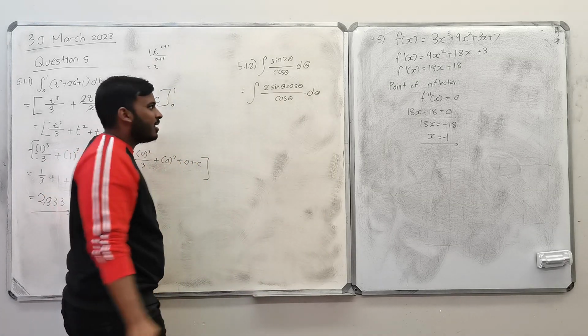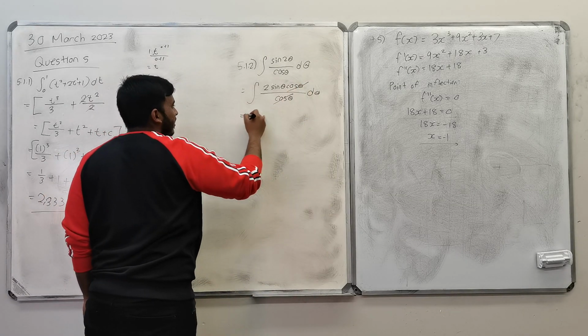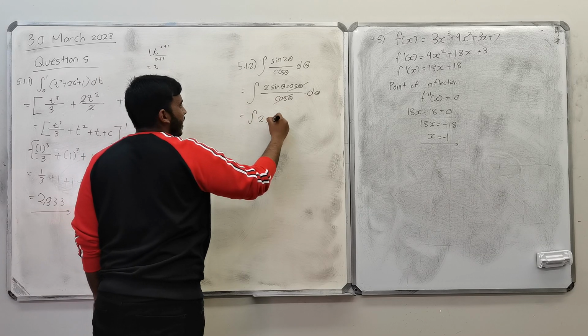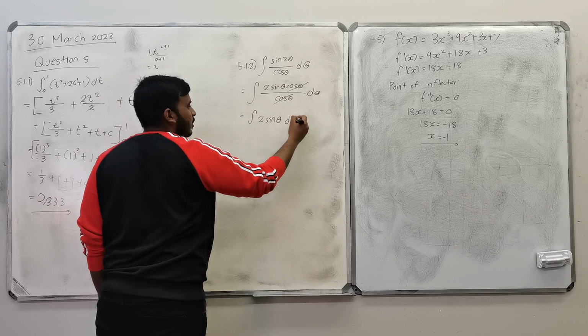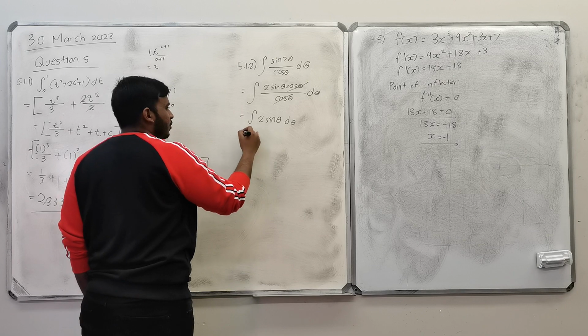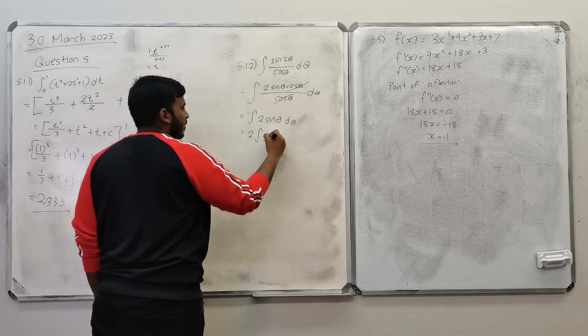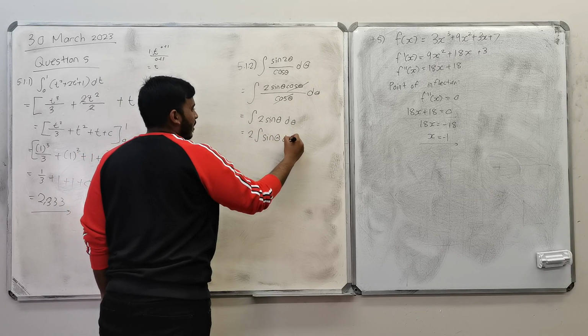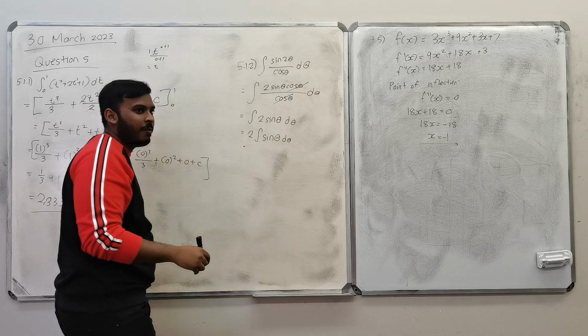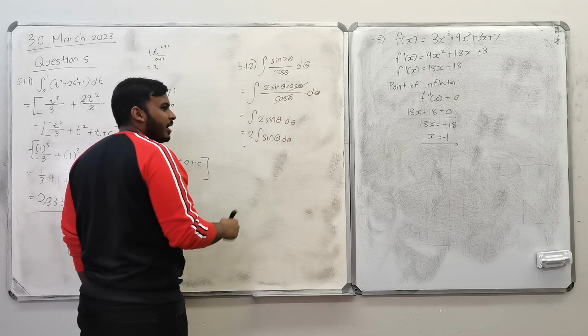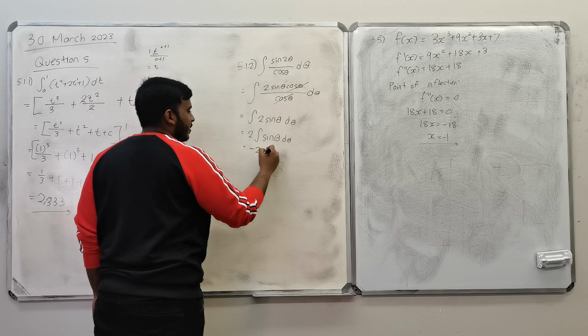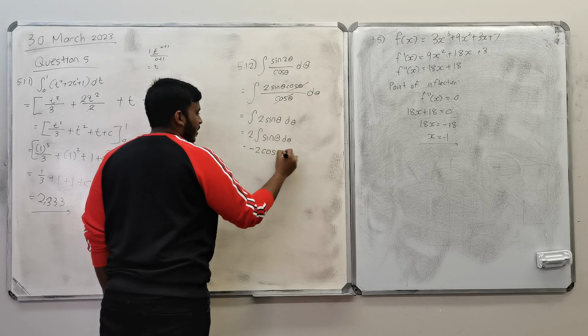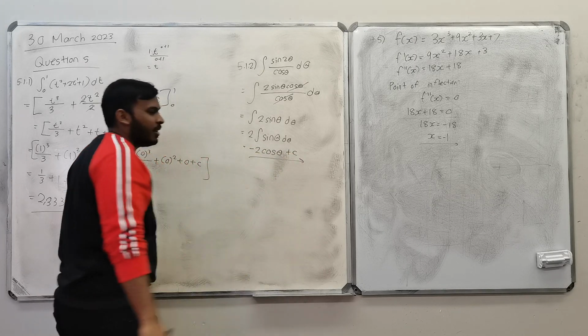Yes? Cancel. You're integrating 2 sine theta with respect to theta. Constant, you can take it out. The integral of sine theta? Negative cos, right? So it's negative 2 cos. That's one.